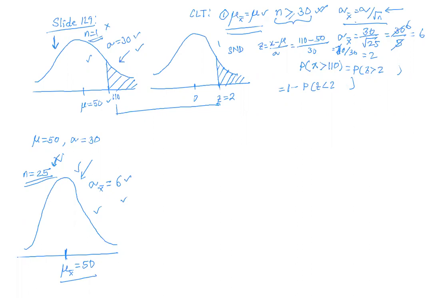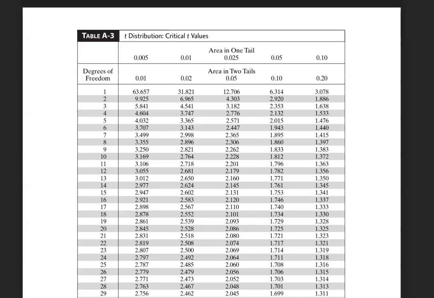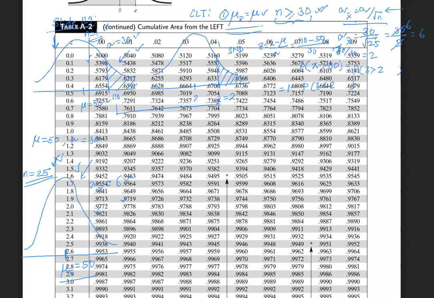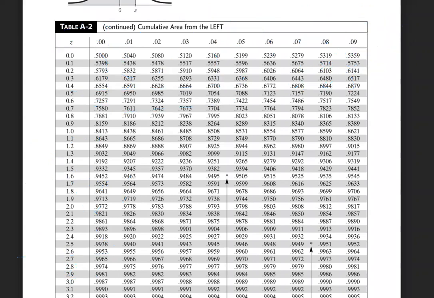So let's look it up in the table, okay? So z is 2, a positive z score. You look in the first column. So everybody, you look at the first column, and you get to 2 right here.